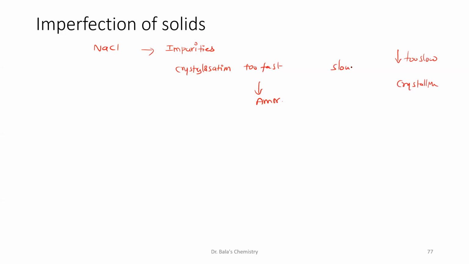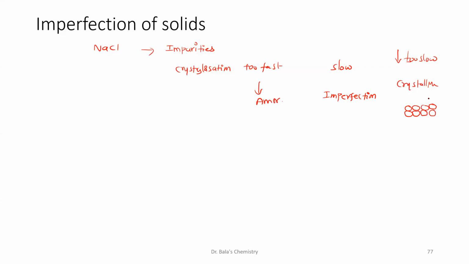If it is not too fast and not too slow, at an average speed or a slow speed, then it forms imperfections. Because it requires some time to settle. Only one by one, very, very slowly, the particles settle and form a crystalline solid.